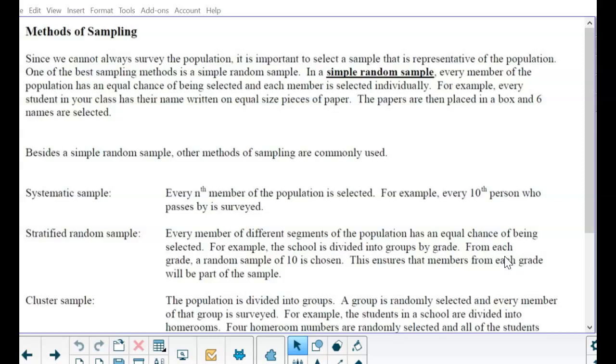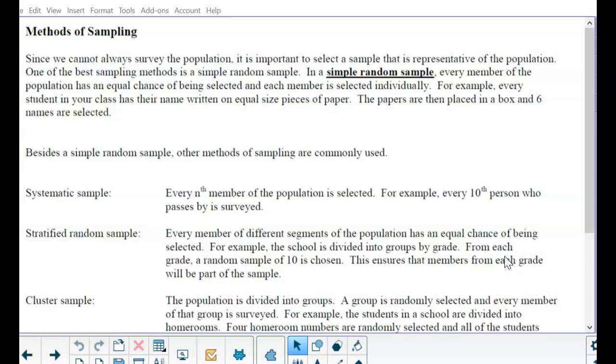Convenience sample is where a surveyor picks members of the population that are convenient. So you do a survey, you ask all your friends. That's not great either. When I first started teaching, we used to have school dances, and there would always be complaints about the music because everyone has their own opinions about music.